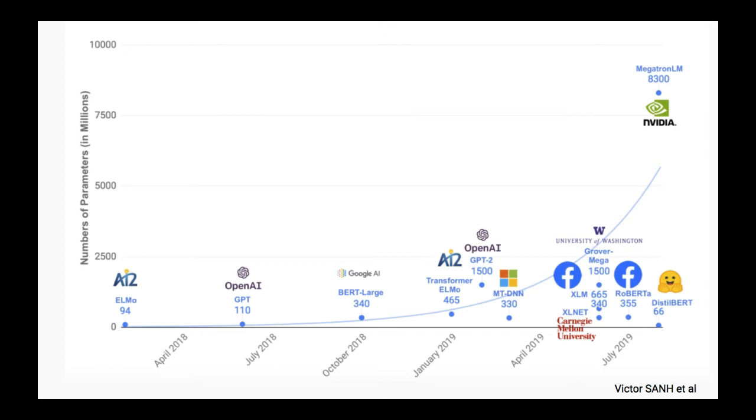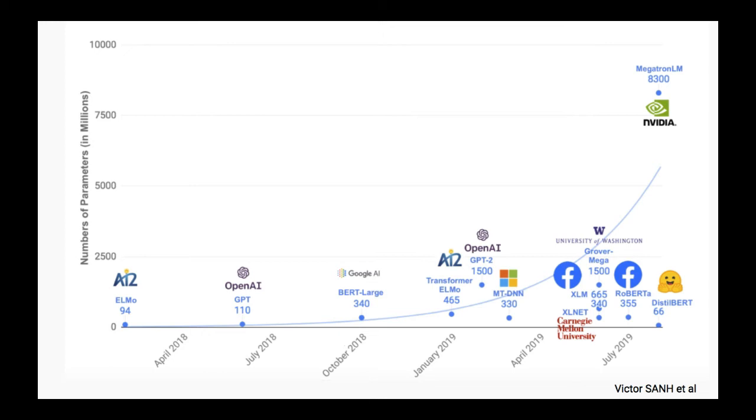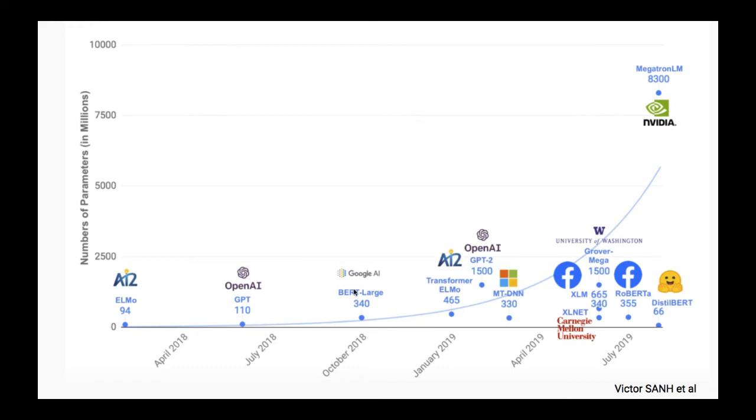Then Google released the BERT large model, which has 340 million parameters. That time definitely made a sensation, because ELMo, GPT-1 and BERT large all achieved state-of-the-art results on most NLP tasks at the time they were released. So that was definitely almost sensational.